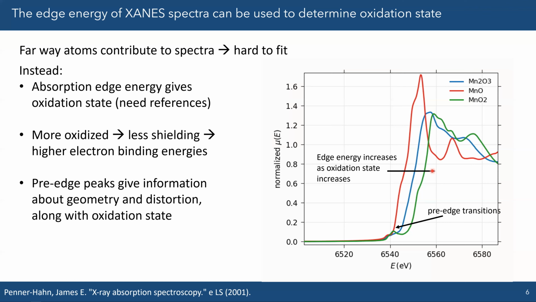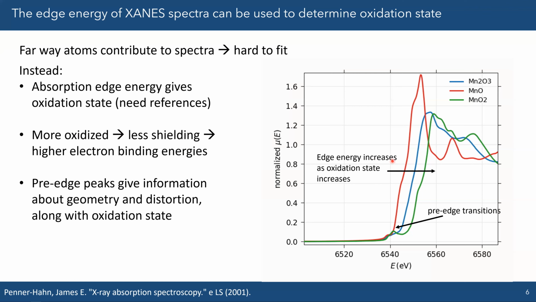The reason this happens is purely electrostatic in origin, because as you oxidize your material, you're removing electrons, which reduces the shielding. So it'll be harder to remove electrons from the core state, the energy needed will increase, and this is reflected by an increase in the edge energy of your XAS.